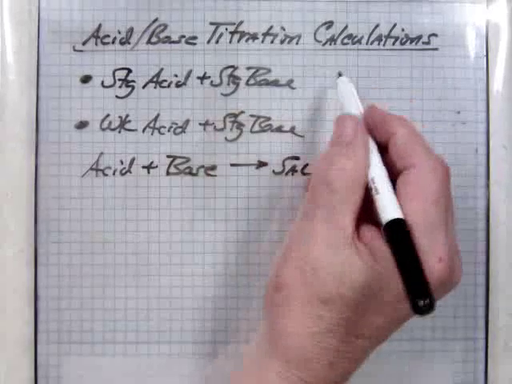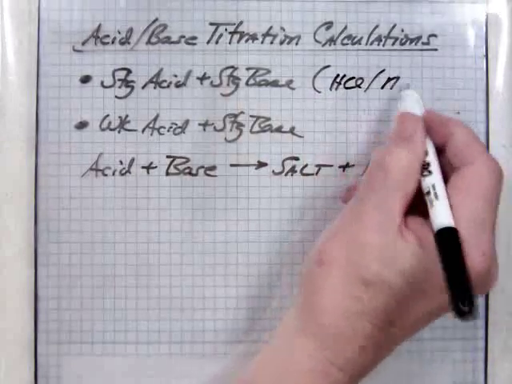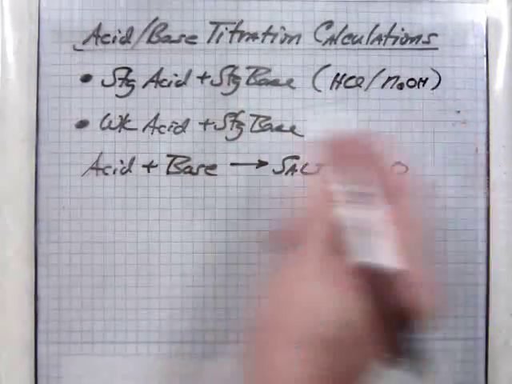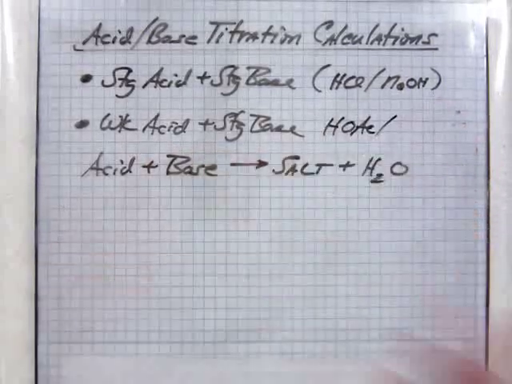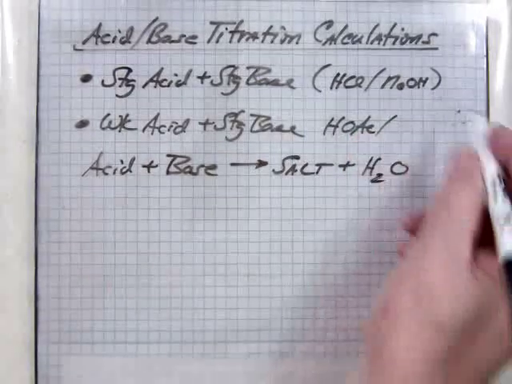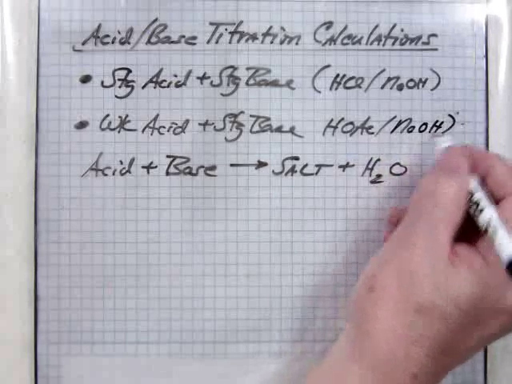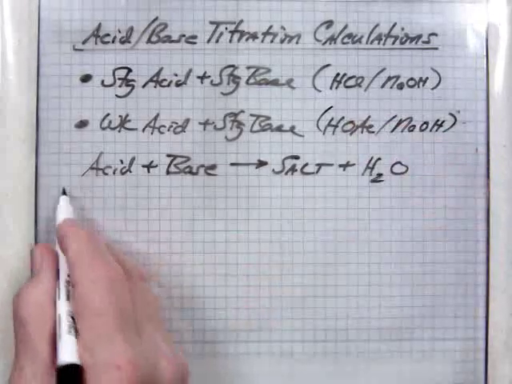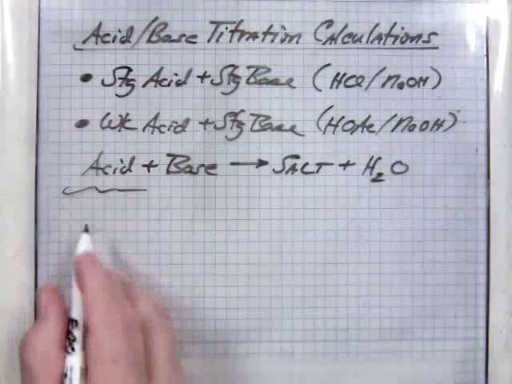The one I'm going to use first is HCl and NaOH. And the weak acid, of course, is going to be acetic acid, or it could be any weak electrolyte delivering acid hydrogens, and sodium hydroxide, like that. So we start with the strong acid, strong base.